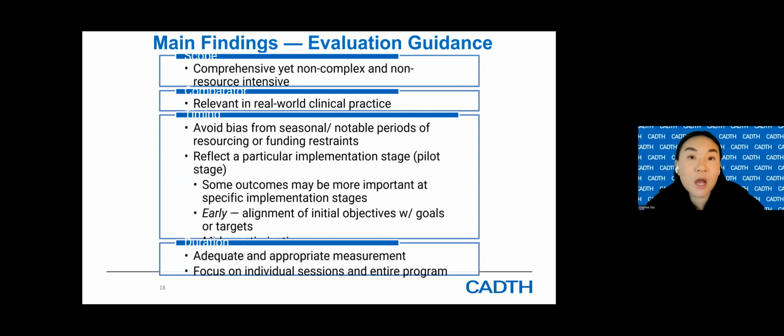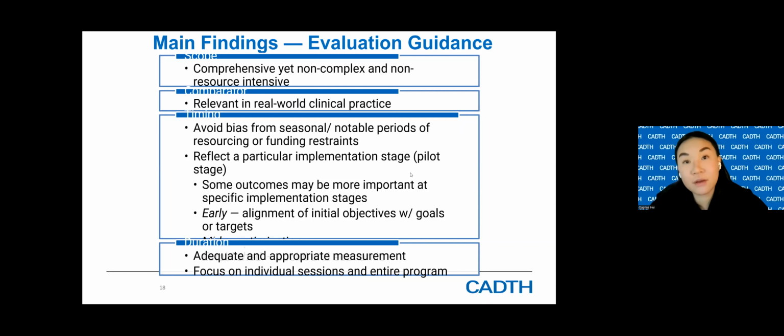And further, the timing of the evaluation needs to be thought through regarding potential biases that may arise from conducting an evaluation in a particularly seasonal or notable period. And by this, I mean, for instance, performing an evaluation when many healthcare providers go on vacation, or there's more or less changes to funding due to grants or change in policy.